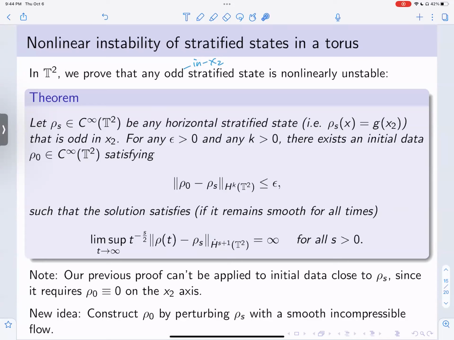Okay, so it means that for anything higher than the H1 norm, the difference between them has to grow to infinity with a certain rate as time goes to infinity.